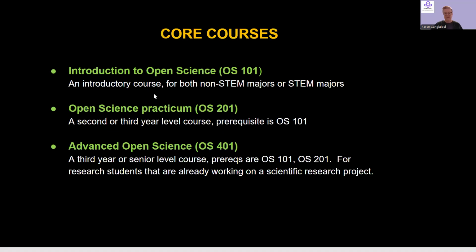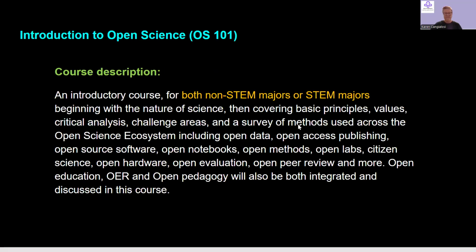And this is just some descriptions about the three courses. The introductory course would be for both non-STEM majors and STEM majors. And the description here is that the course would begin a little bit with the nature of science and then cover basic principles, values, critical analysis, challenge areas, and a survey of methods used across the whole open science ecosystem.